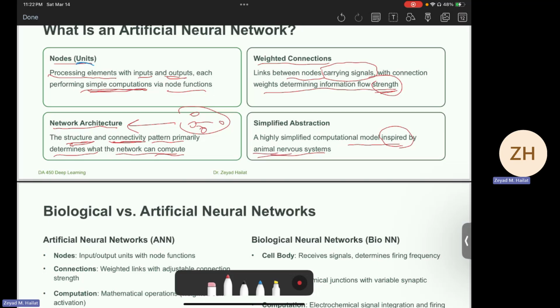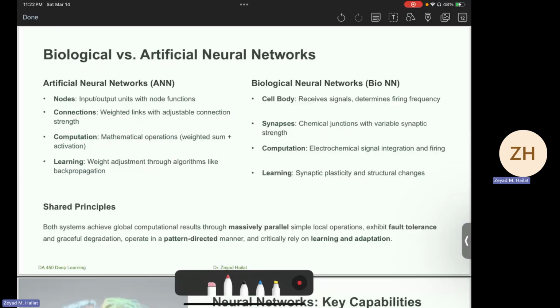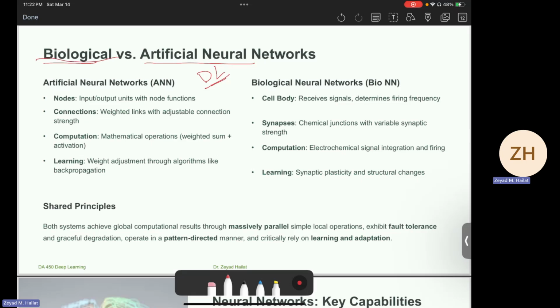Now, let's try to compare the artificial neural network with the biological one. Artificial neural network is the deep learning that we are learning about, and the biological is what we see in animals or in human beings. The artificial neural network we refer to as ANN, and the biological network we refer to as BioNN.